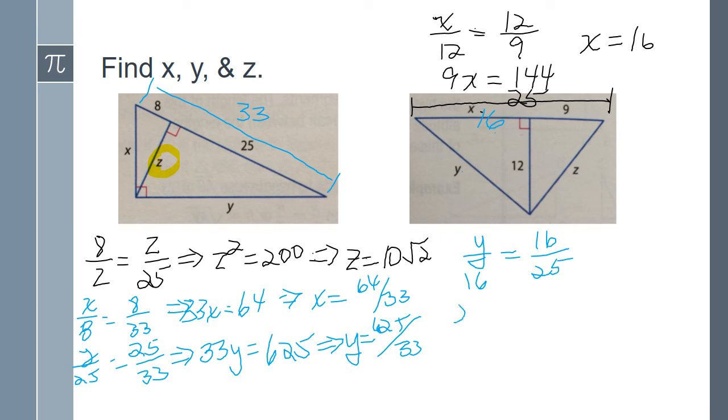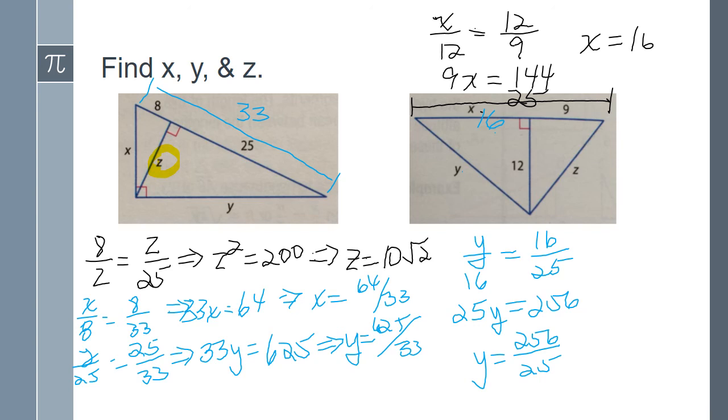So 25y is equal to 16 squared, which is 16 times 16, which is 256. So I'm just going to say y is equal to 256 over 25. And that's my answer. Leave it improper. There's no problem with that. Unless you have a multiple choice test, you have to convert it then. That's fine. Let's do another one.